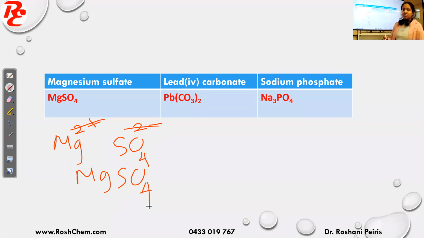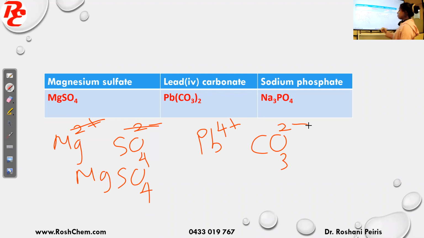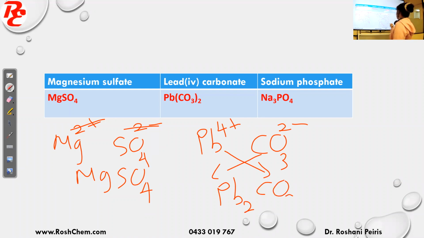And lead(IV) carbonate. Lead(IV) means lead's charge here is 4+, then carbonate. So find carbonate from the polyatomic ion table. Carbonate is CO3, 2-. Now you swap the numbers, right? So do crisscross. So lead gets 2 from the carbonate, and carbonate, CO3, gets 4.